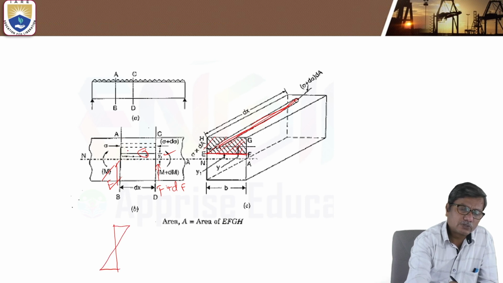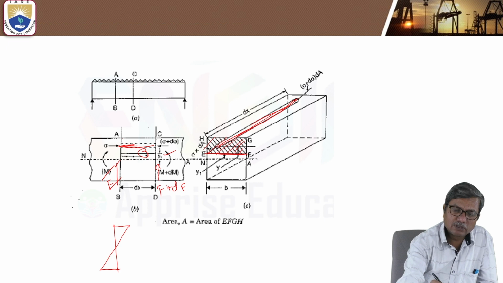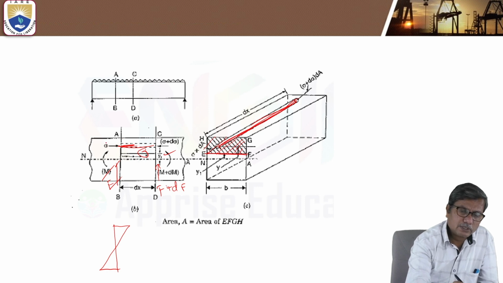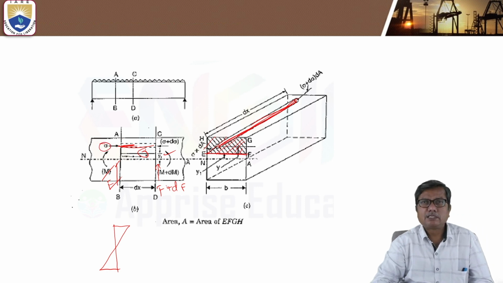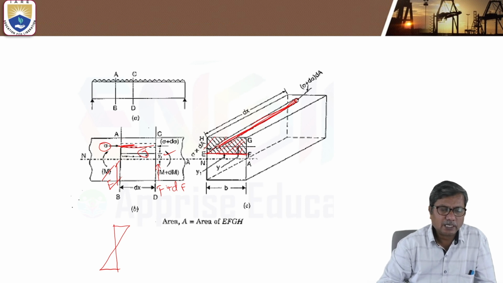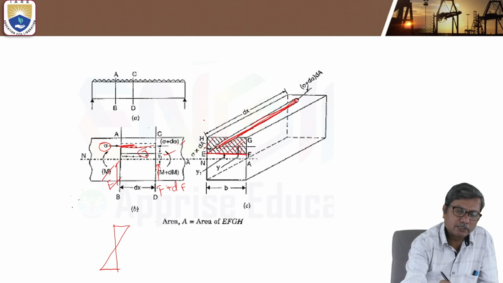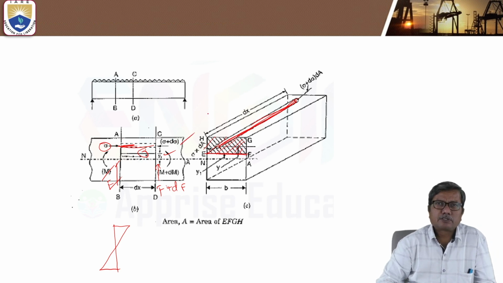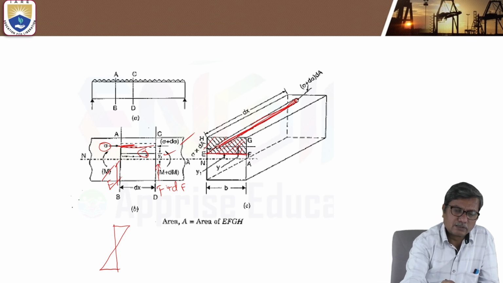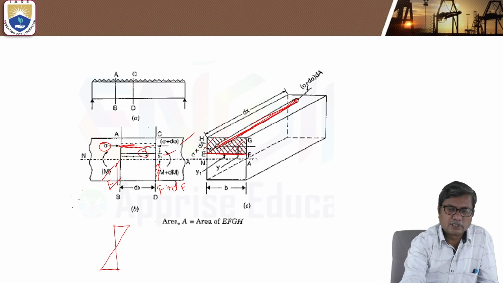On the elementary cylinder, let sigma be the stress acting on end AB, and sigma plus d sigma be the bending stress on the face CD, on the end of the cylinder lying on the face CD.